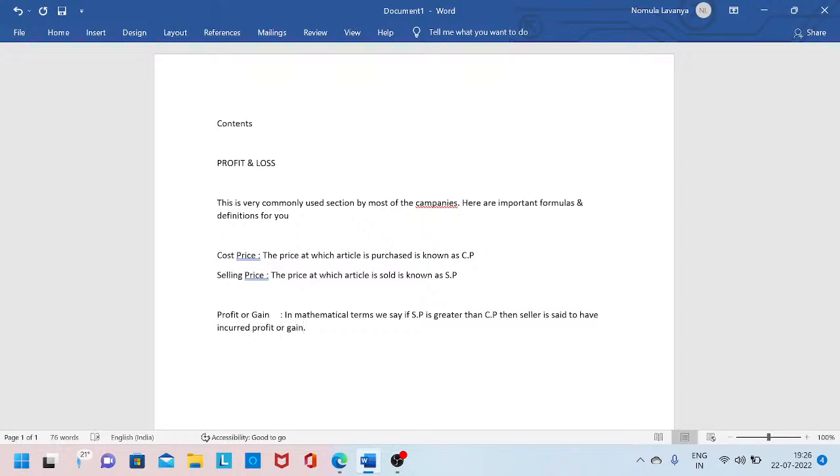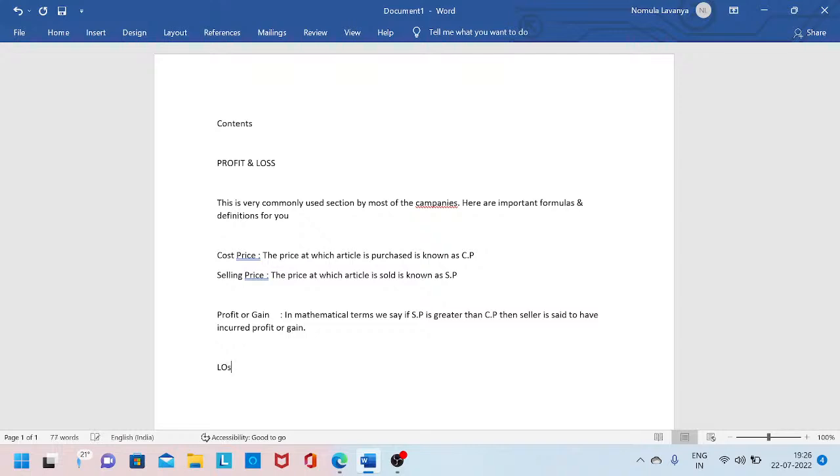So when the selling price is greater than the cost price, the seller has incurred a profit or gain. This is all about profit or gain.